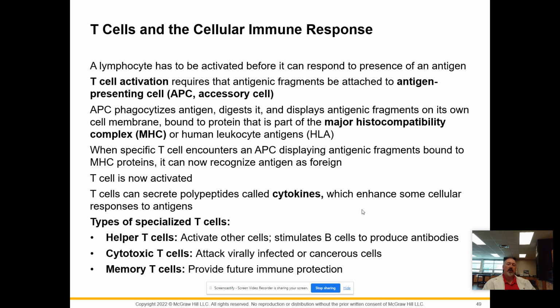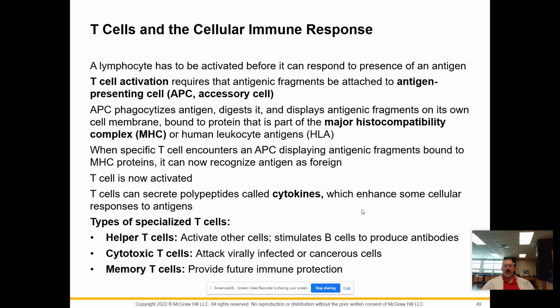And so this is going to cause an immune disorder where you're going to have a lack of production of an immune response. So they're going to be immunosuppressed as a result of the lack of the T cells, because the virus is targeting the T cells, the helper T cells.